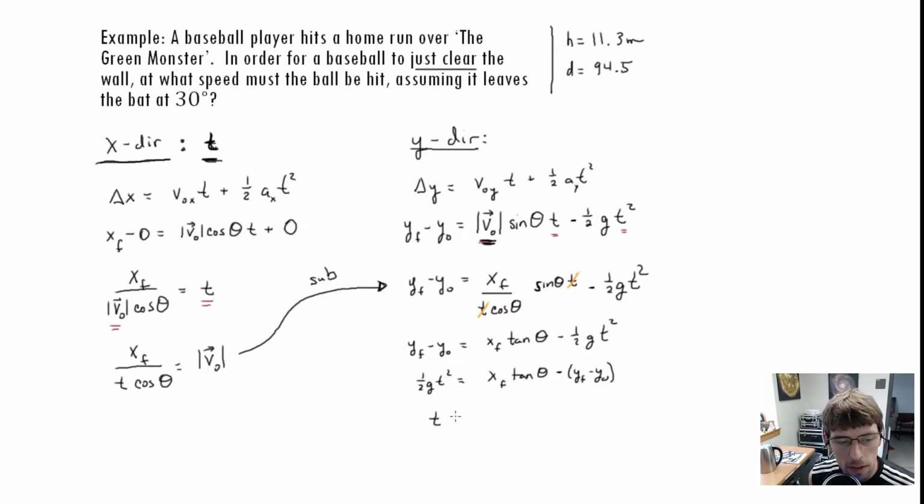So I get t squared is equal to 2 over g times x final tangent of theta minus y final plus y naught. And of course, we have to take that whole rigmarole and square it. So we take a square root.